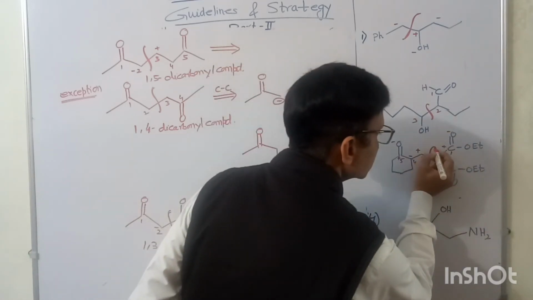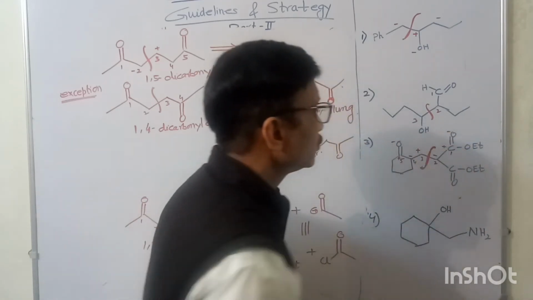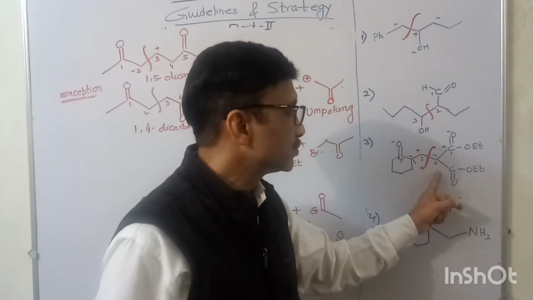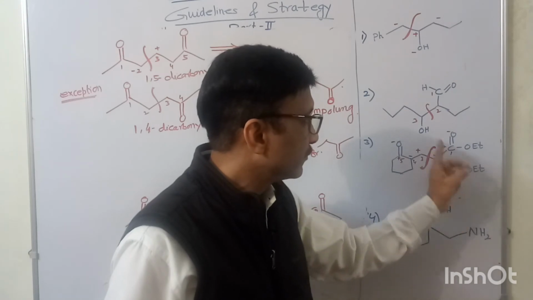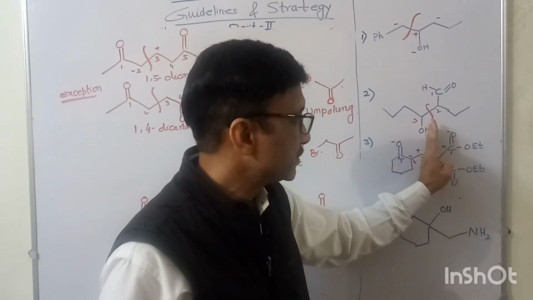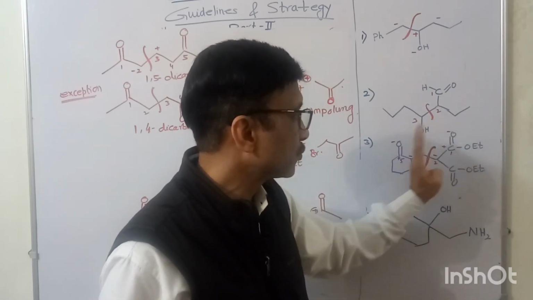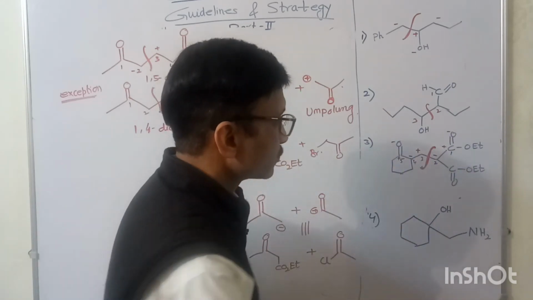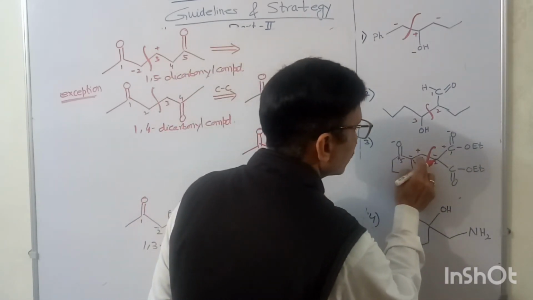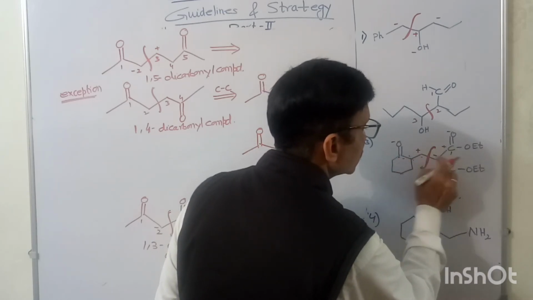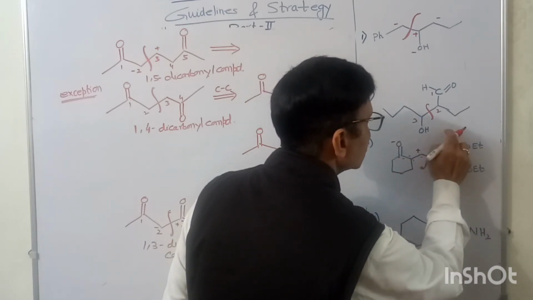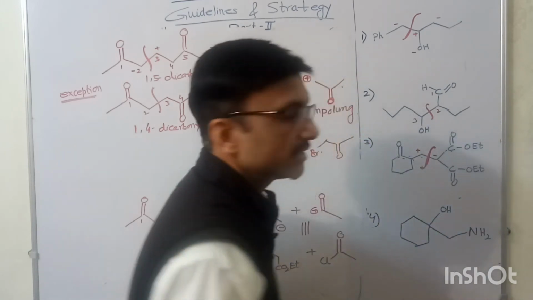So the 2,3 disconnection should be done, and this 2,3 disconnection will produce a minus charge species synthon, this negative charge synthon, and another is this. After that, if you have a plus charge on this and a minus charge on this, what should be the synthetic equivalent?